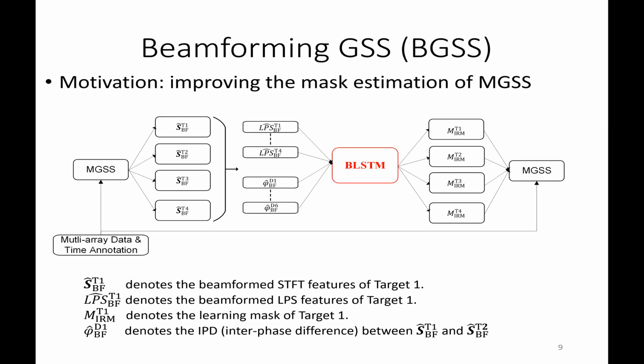To further improve the mask estimation for CA-CGMM-based beamforming, we use a second stage to refine the mask estimation. Here, we use the beamformed data after MGSS for 4 target speakers, namely STFT features of each target speaker, to calculate the log power spectral features of each target speaker and the interface differences between different speakers.